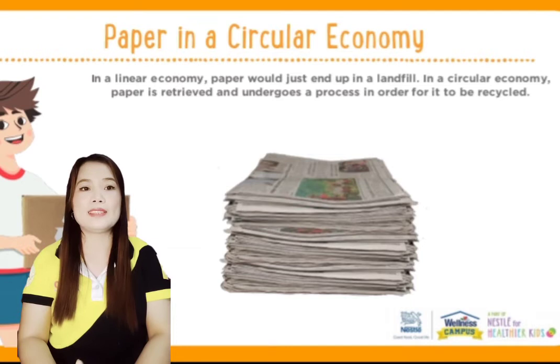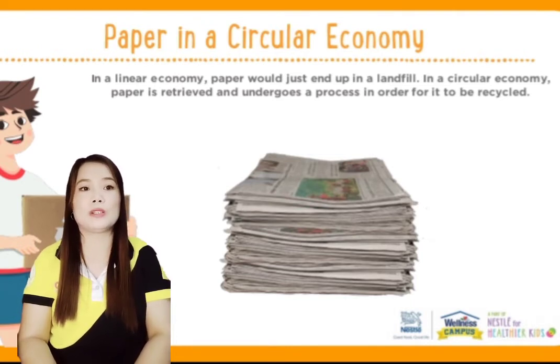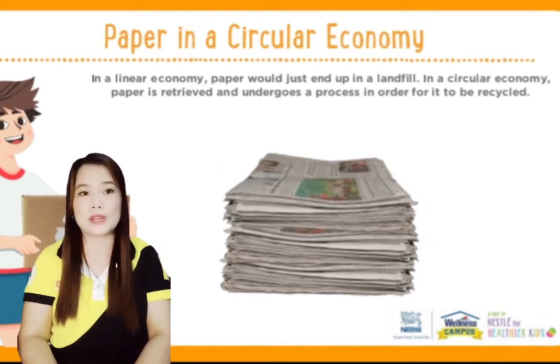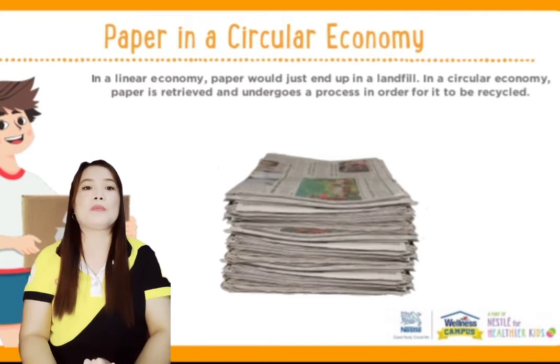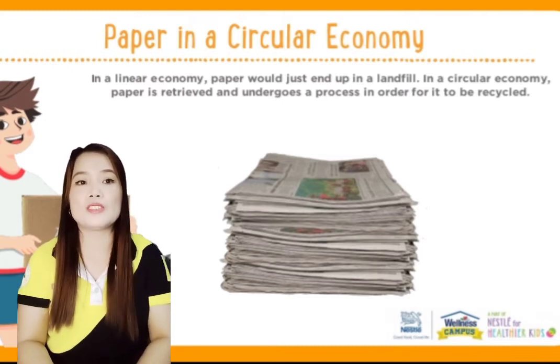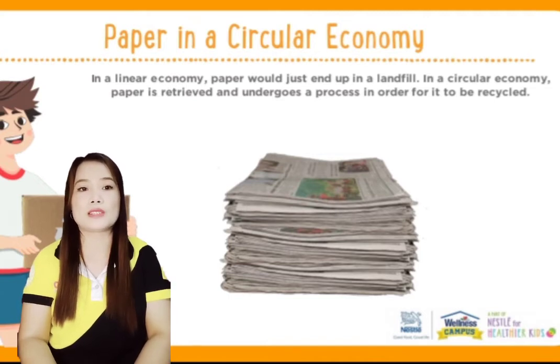In some places, though, the paper is retrieved and goes through a whole other process in order for it to be recycled. Once the papers are retrieved, they are sent to a recycling center. At the recycling center, the papers are shredded up and soaked to become pulp. Once the pulp is soaked, it is then flattened and dried back into paper again.